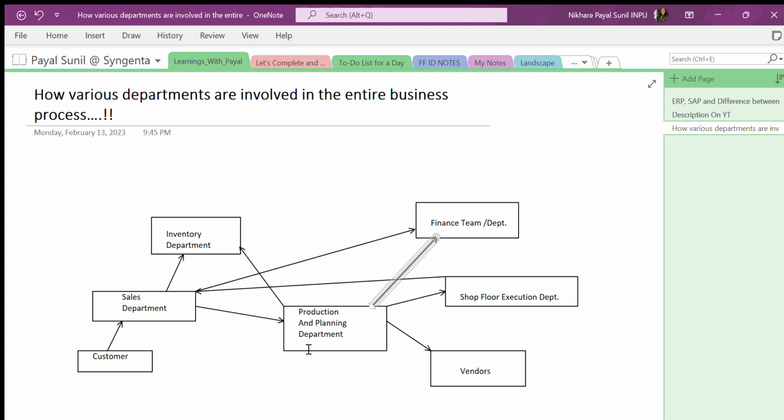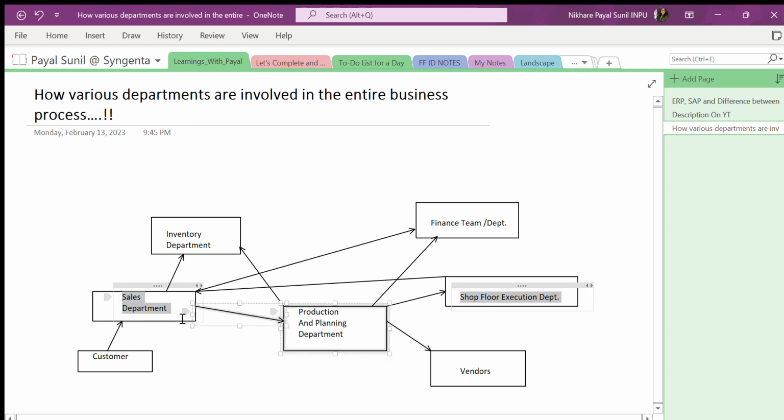As I told you, when the raw material was not available, the production and planning department contacted vendors and purchased that raw material from them. They will update the finance team about the payment we are supposed to make to vendors for those raw materials, and then the finance team will make all those payments and keep records of the revenue which is generated and updated by the sales team.